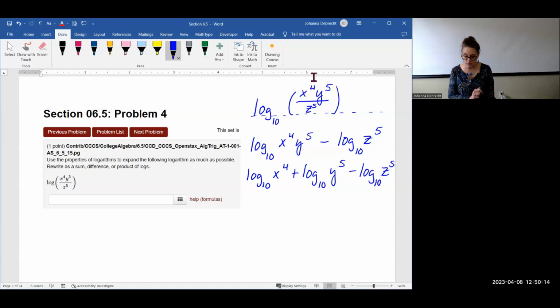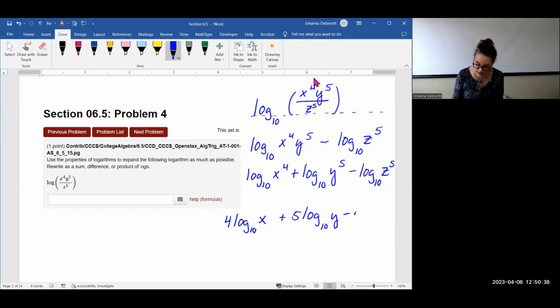Just better to go ahead and write the base 10. I'm still not done. The last property you apply in expanding is to pull any power on the answer part to the front. So I'm going to pull the 4 to the front. So I get 4 log base 10 of x plus 5 log base 10 of y minus 5 log base 10 of z. And that's as much as you can expand it.